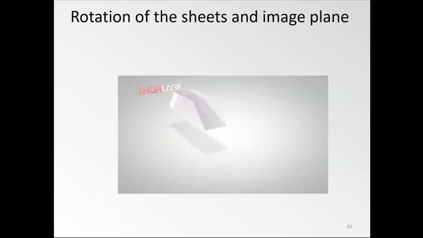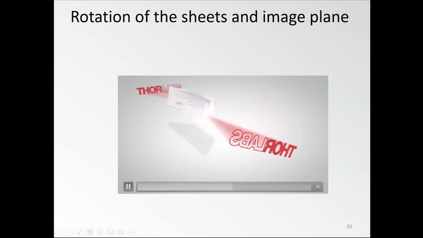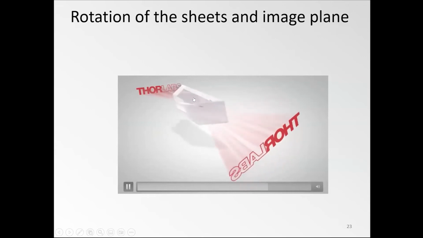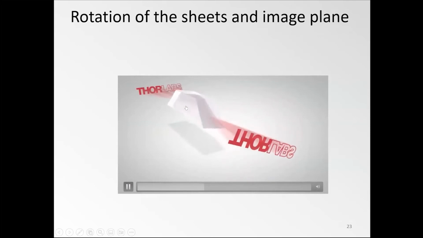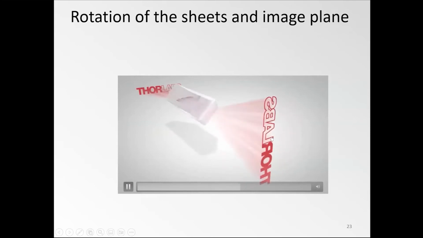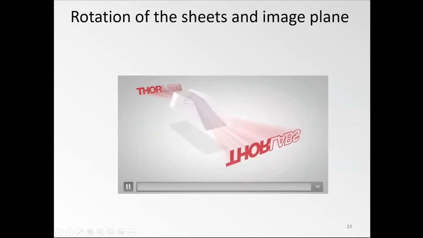So what we came up with is actually looking into optical elements that can rotate an image. One is this dove prism. And as you can see, if it rotates, it actually rotates the image by twice the rotation angle, and also has kind of a bias rotation. So even if it's not rotated, it rotates the image by 180 degrees. So such an element you could actually buy from Thorlabs.